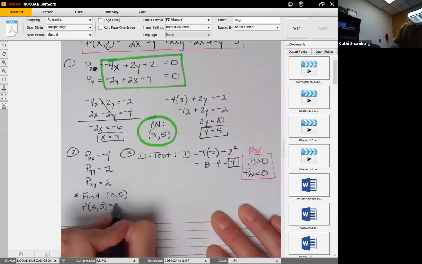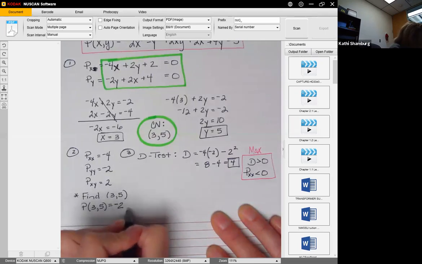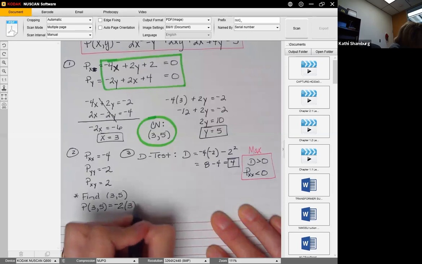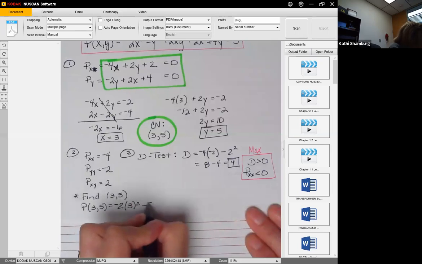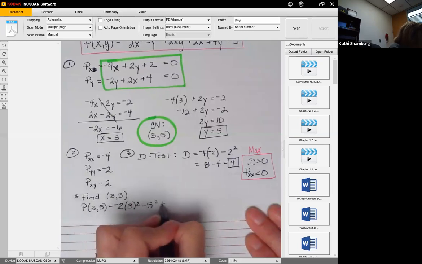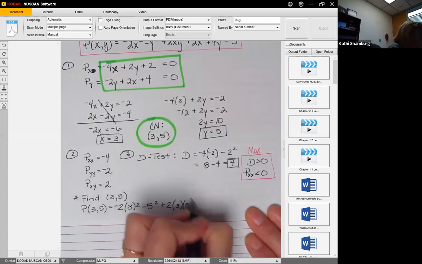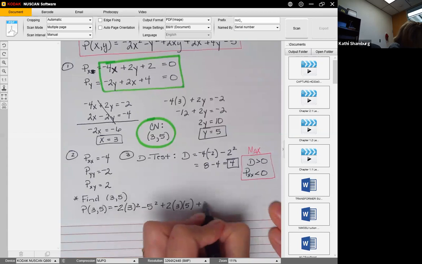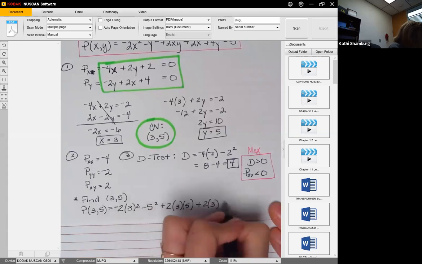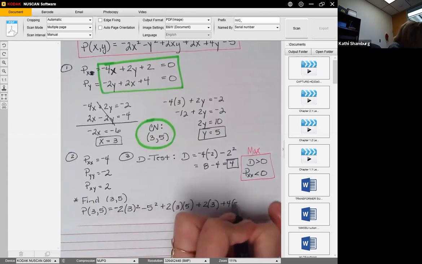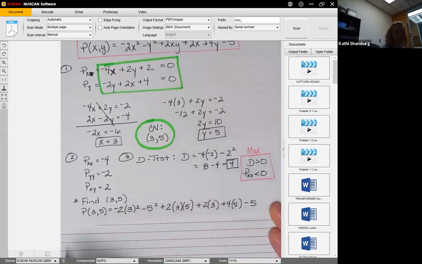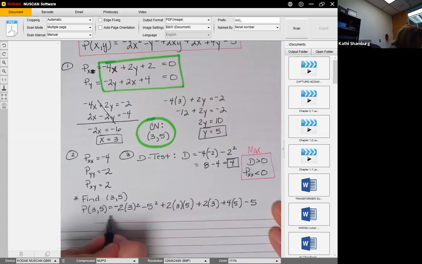So it would be negative 2 times 3 squared minus 5 squared plus 2 times 3 times 5 plus 2 times 3 plus 4 times 5 minus 5. Woo! So when you plug all of this into your calculator, it equals 8.